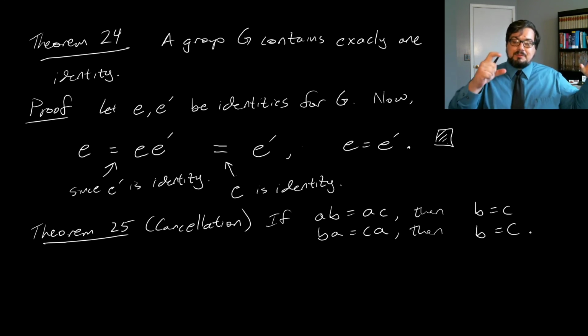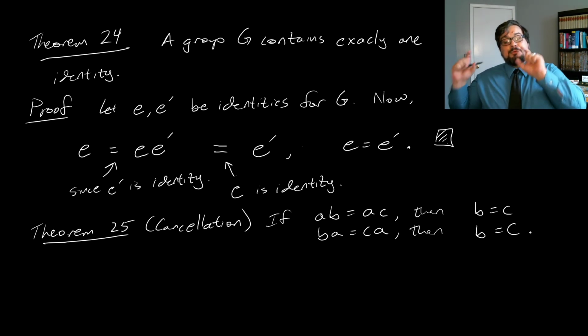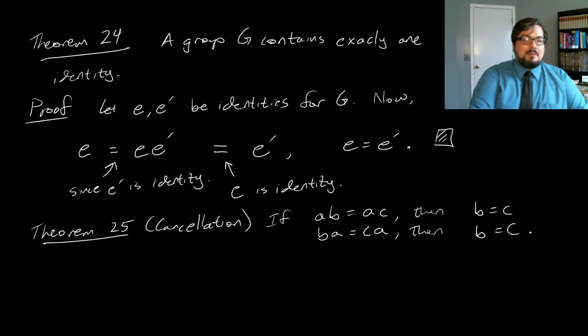So A is on the left of both those equations, we can drop them off. The second one says that if A is on the right side of both equations, we can drop them off.